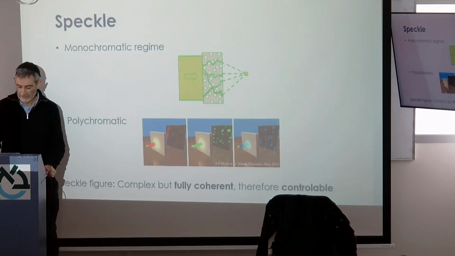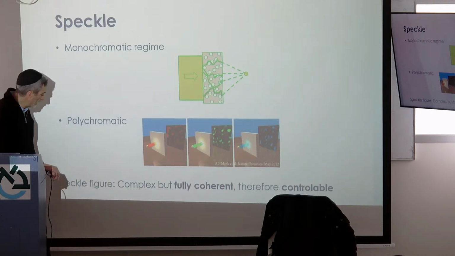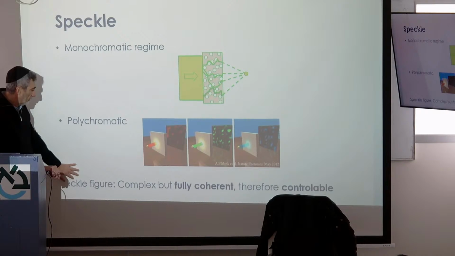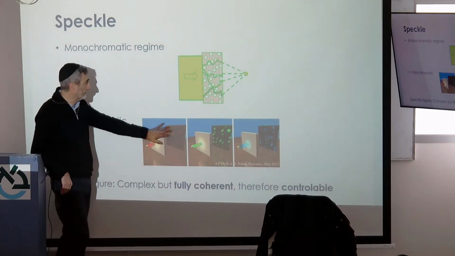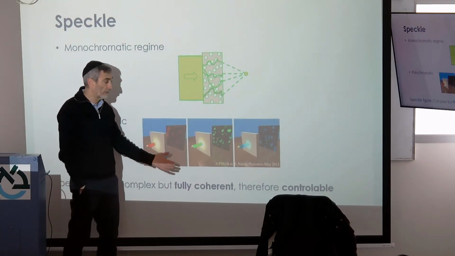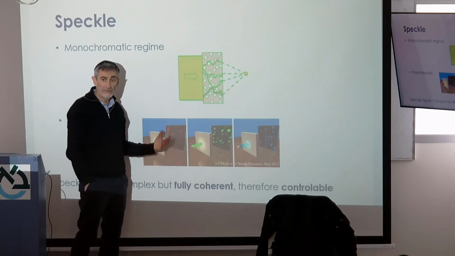So that's something that we studied. And I will tell you about how we can use speckle to do some imaging, to have imaging techniques. The advantage of a speckle pattern is that it is probably complex, but it's fully coherent. All the information of the medium is there.